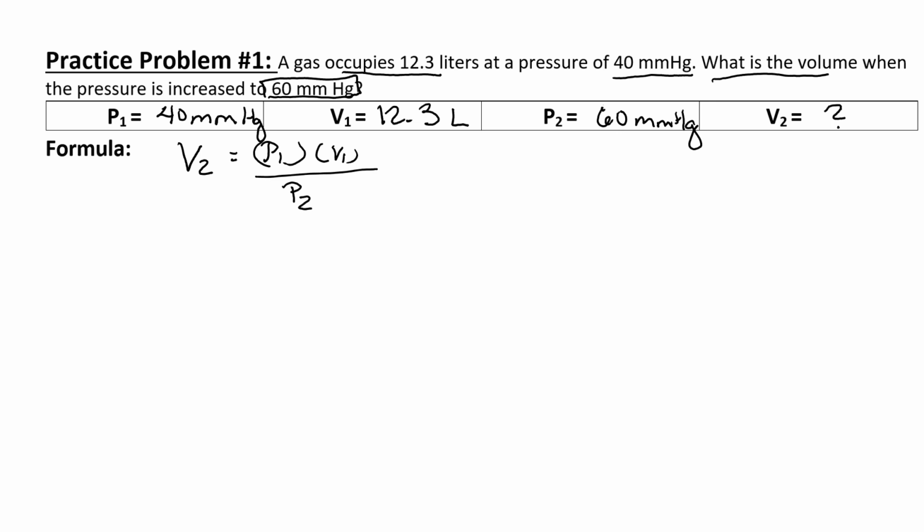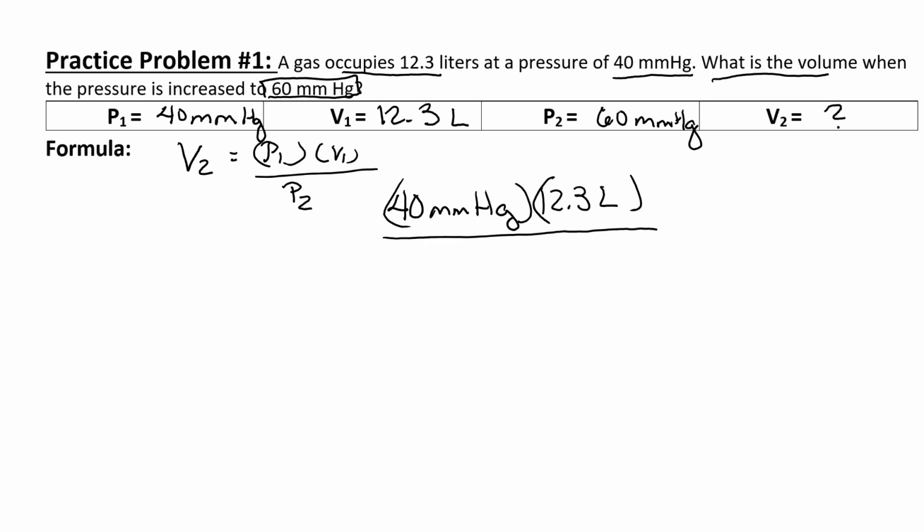So this should set up where we have 40 millimeters of mercury times 12.3 liters divided by 60 millimeters of mercury.